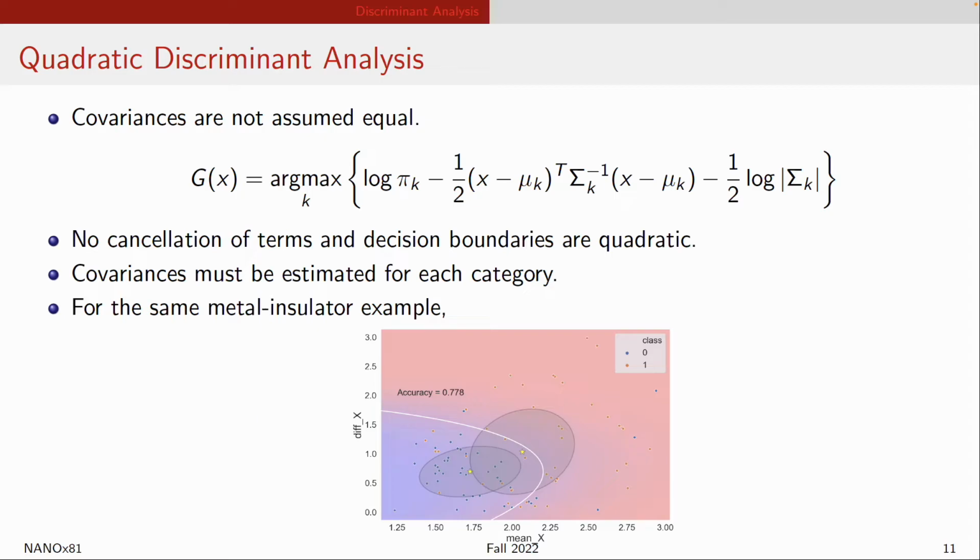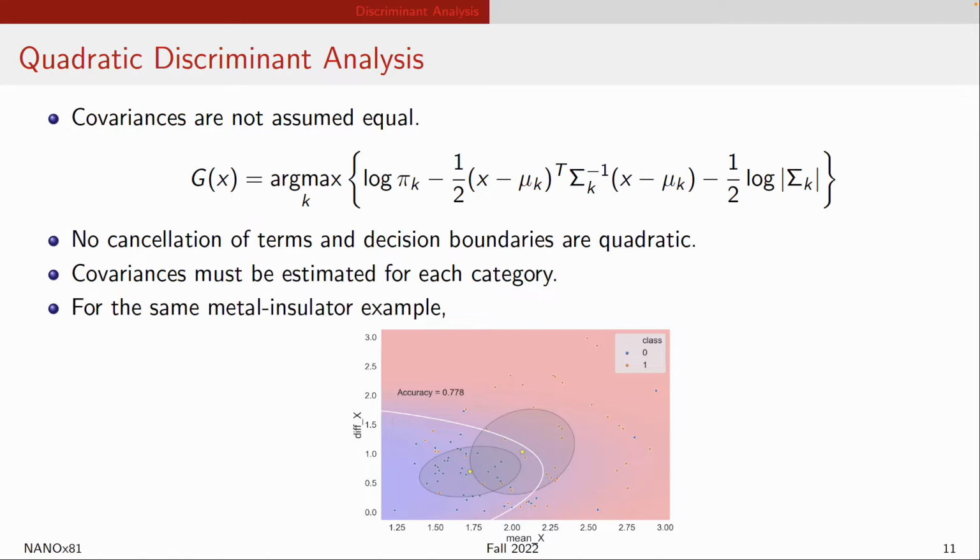Now, with a non-equal covariance matrix, you no longer have cancellation of terms. But the principle of the application is still the same. Essentially, after your fitting, you calculate this for your feature vector X, and then you take the argmax, the class K that gives you the highest value of this expression over here, right?